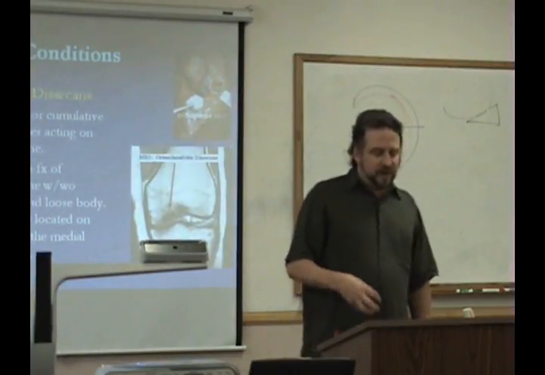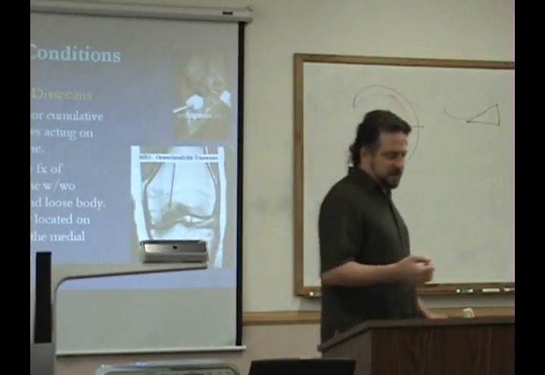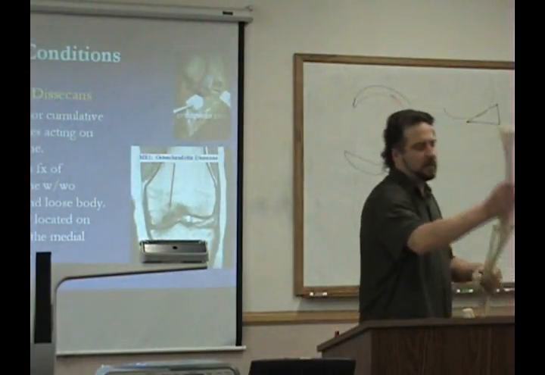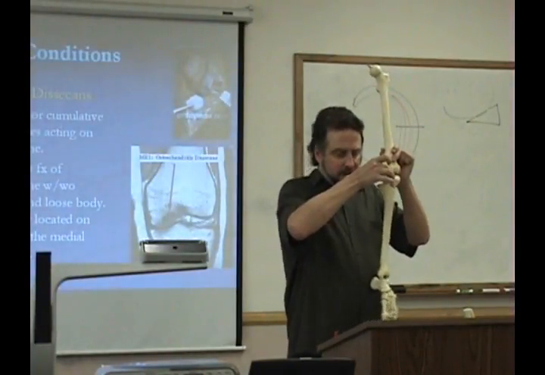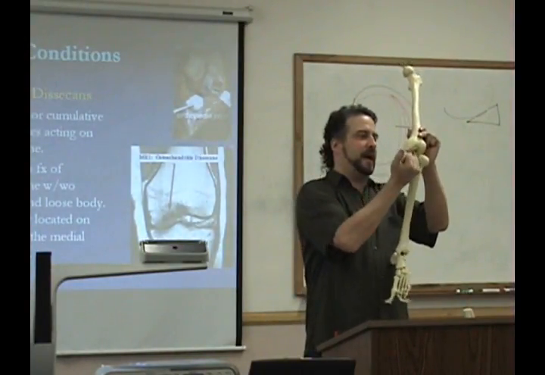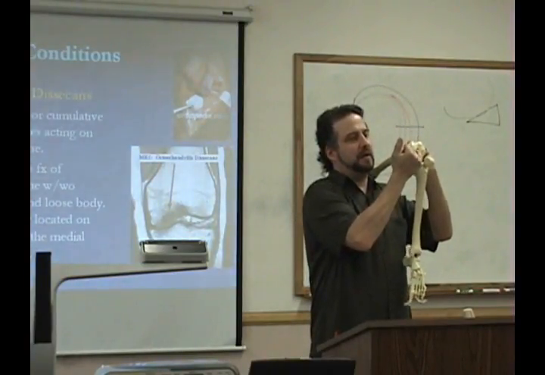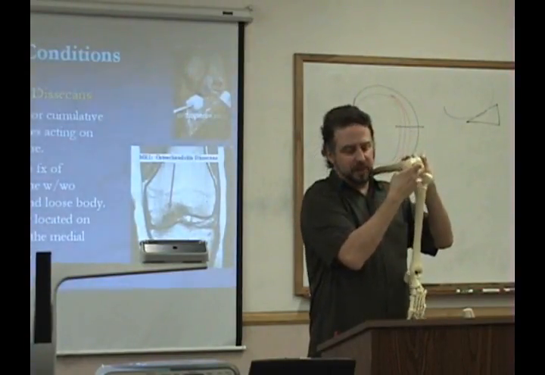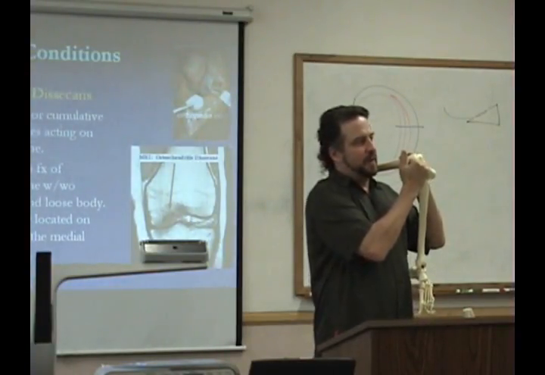There may be some fragmentation or a loose body in that area. It typically affects the medial condyle, and more specifically the lateral part of it. So it's affecting it on this area here. This is the medial condyle of the femur, but the lateral surface of it is where that happens.